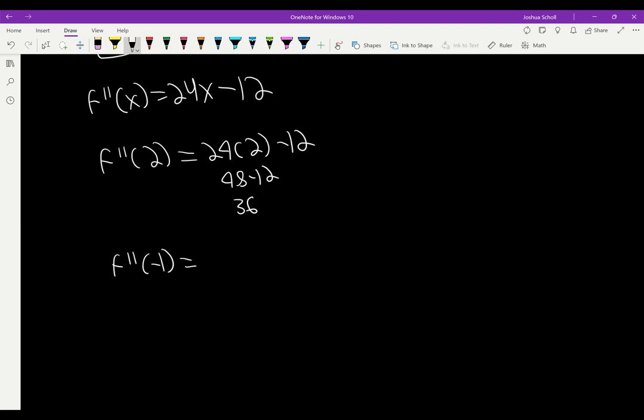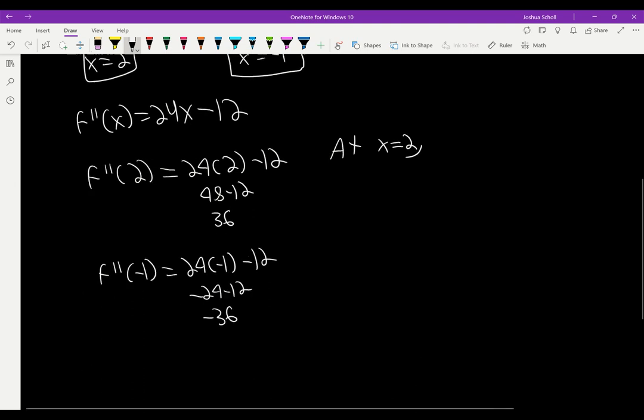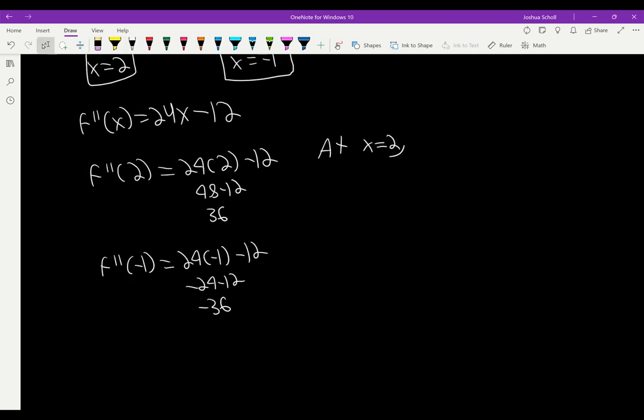And the same thing for the other critical value of negative 1. F double prime of negative 1 equals 24 times negative 1 minus 12, which gives you negative 24 minus 12, which gives you negative 36. All right, so now we know at x equals 2, because 36 is f double prime of 2, and it's greater than 0, there is a relative minimum.